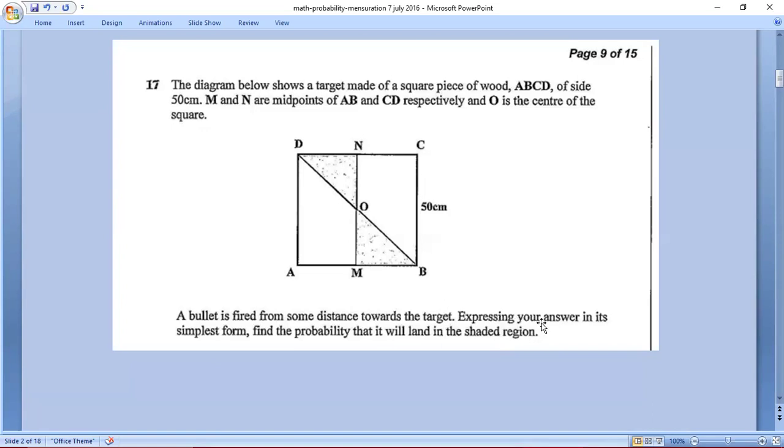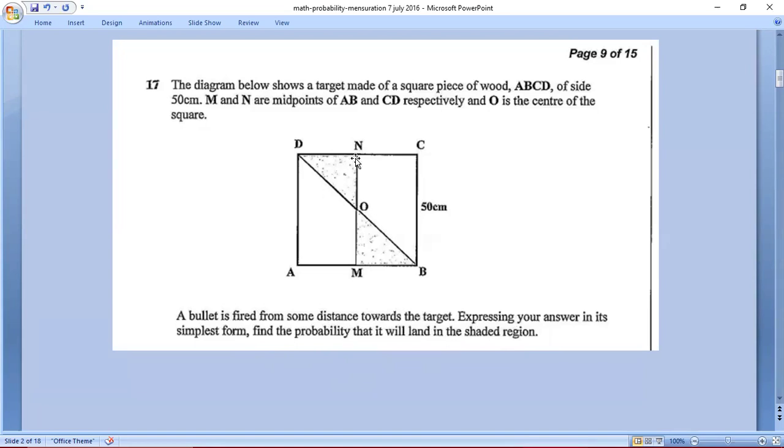The question says, expressing your answer in its simplest form, find the probability that it will land in the shaded region. So what's the probability? What's the likelihood? That's what probability means.